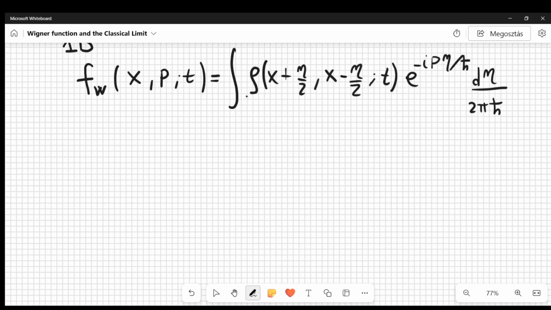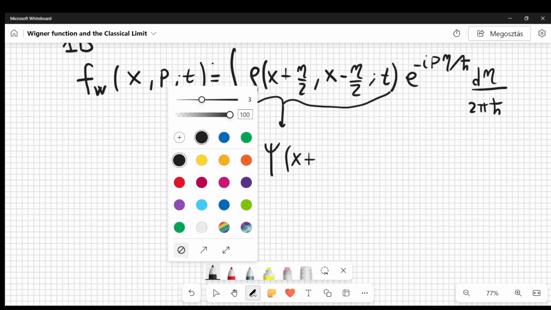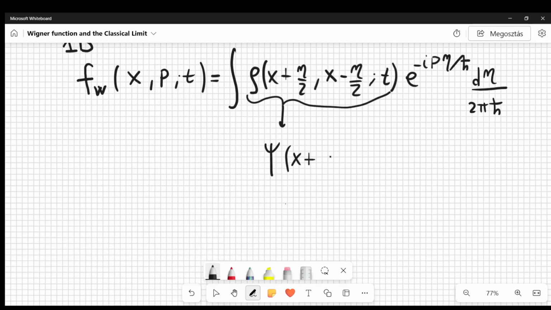And therefore, this function rho can be written as the wave function psi evaluated at x plus eta over 2, t, psi star x minus eta over 2, t, like this.